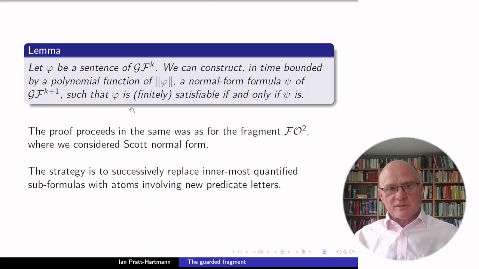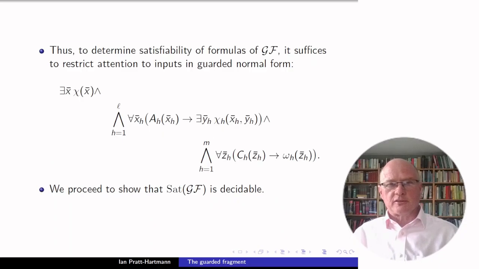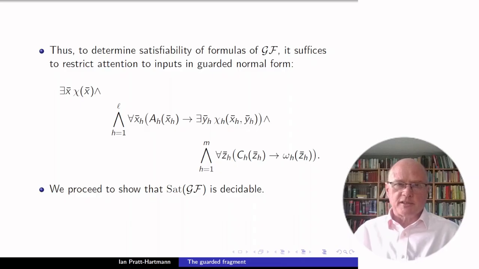Namely, what we do is we take a formula phi, in this case in the k-variable guarded fragment, and successively replace the innermost quantified subformulas with new atomic formulas involving fresh predicate letters. So, thus, to determine satisfiability of formulas in the guarded fragment, it suffices to restrict attention to formulas in guarded normal form, as shown here.